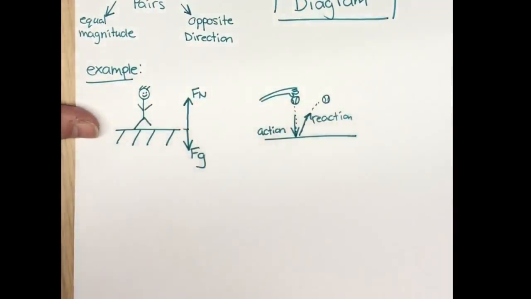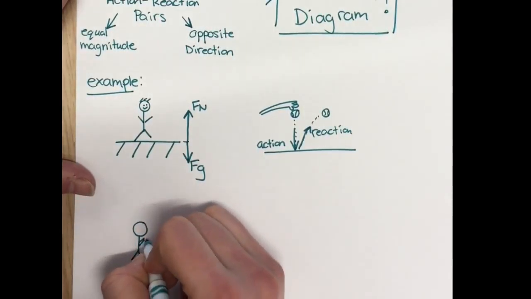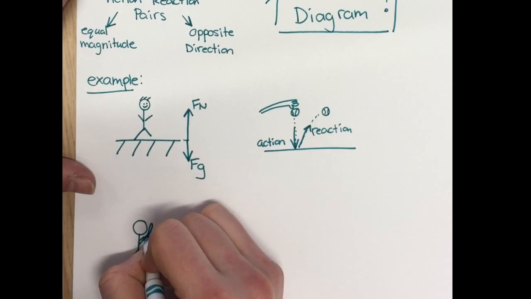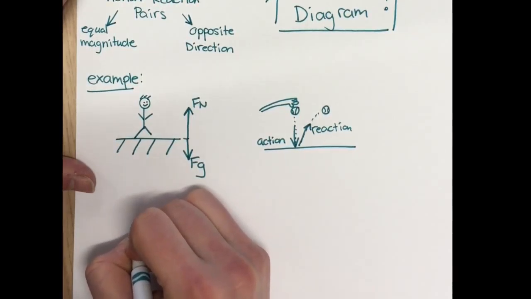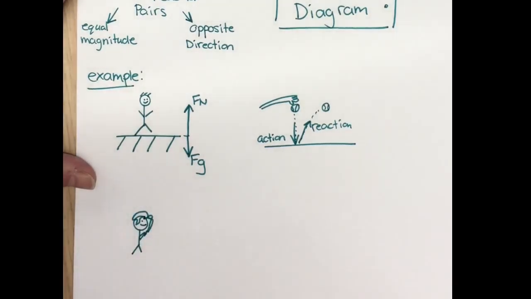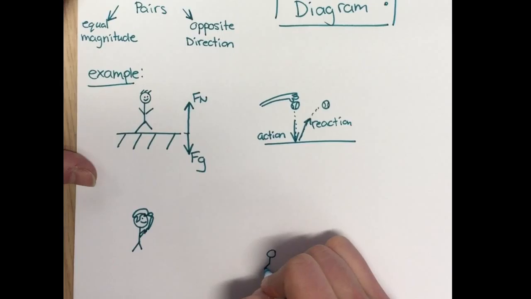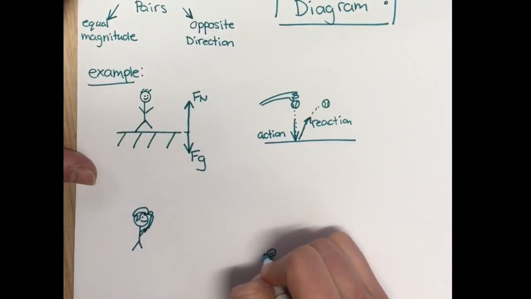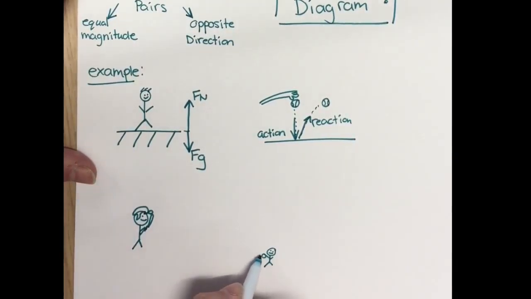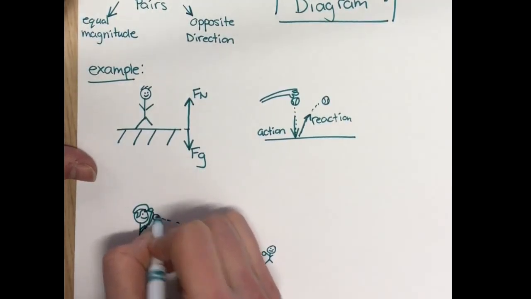And one more final example. If we have a baseball player and then we have the pitcher over here holding the ball. He throws the ball, and the ball ends up over here.